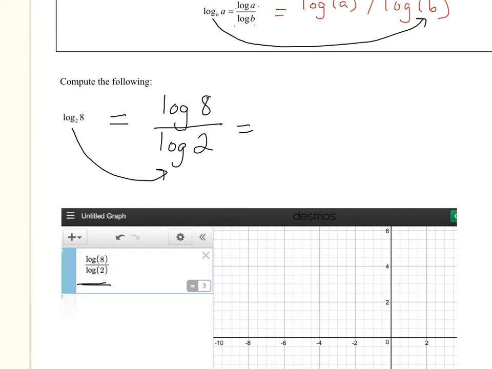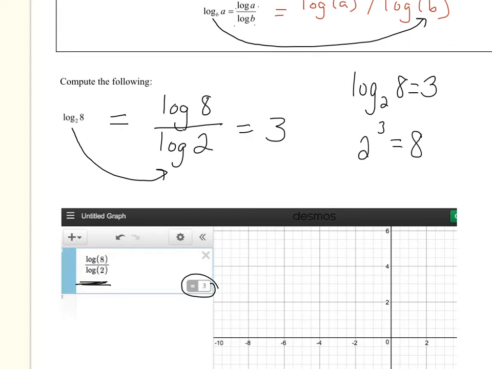So I just typed this expression in, and you will see this actually gives me what the value is. This is 3. So the log base 2 of 8 is 3. And I can check that. I do know that's true because if I change this log to exponential form, 2 to the third is 8. So that is correct. So Desmos, almost any graphing calculator, any scientific calculator can find these log expressions.